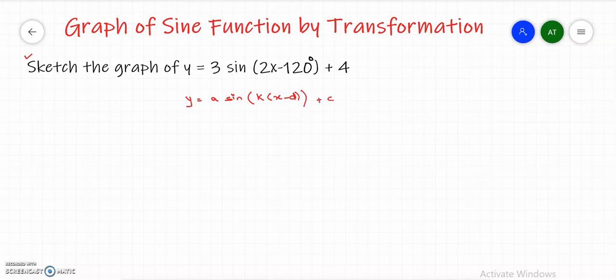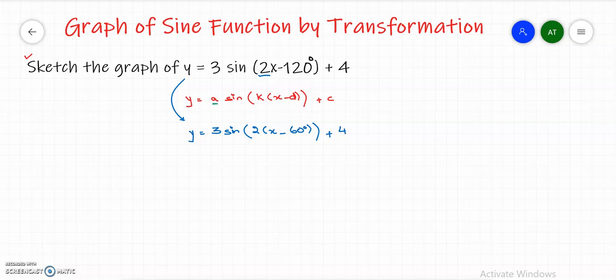Let me rewrite the given equation into the transformed form. It would be y equals 3 sine, taking the coefficient of x, that is 2, common, so we are left with x minus 60 degrees and then plus 4. Okay, so let's figure out all the values.